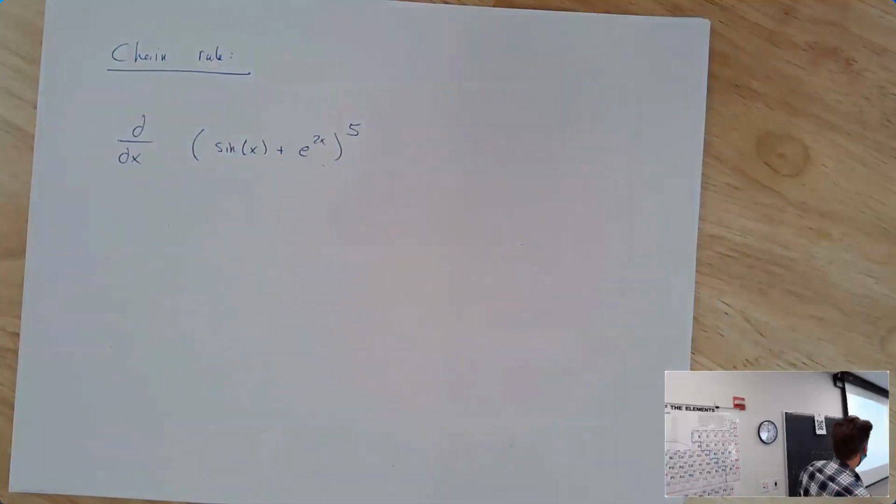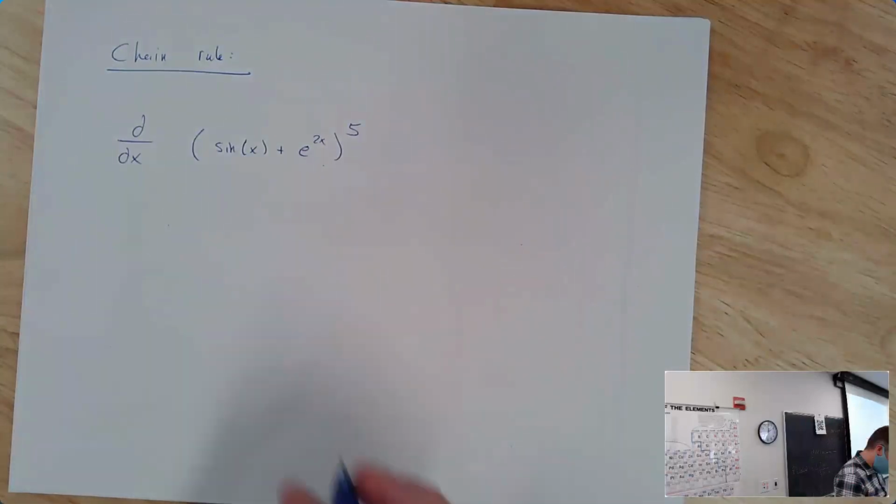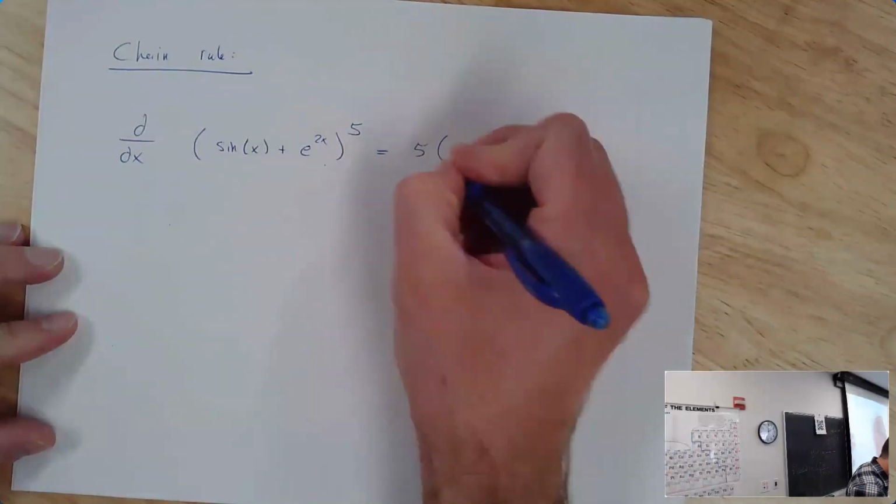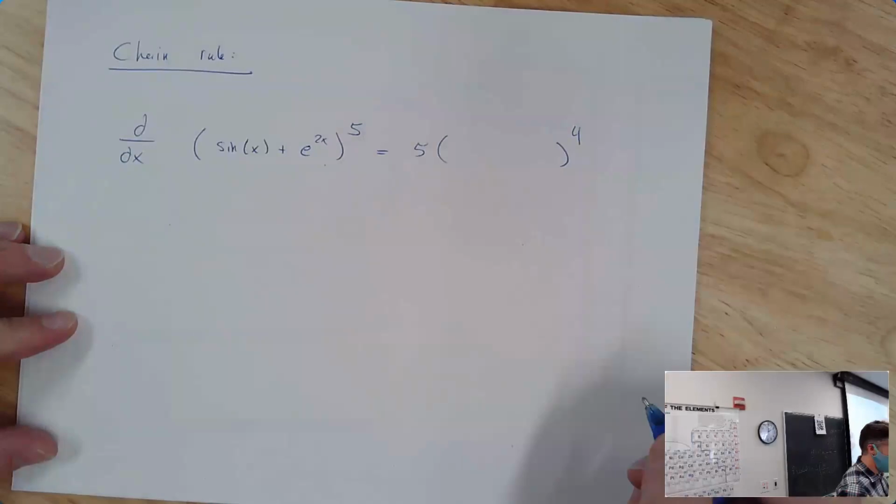I think of it as some stuff to the 5th power. What's the derivative of x to the 5th? The derivative of some stuff to the 5th is 5 times your stuff to the 4th power.